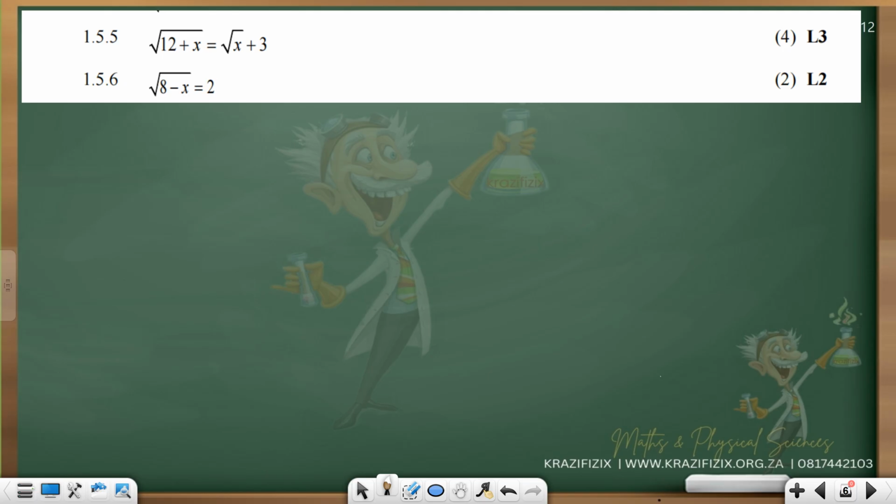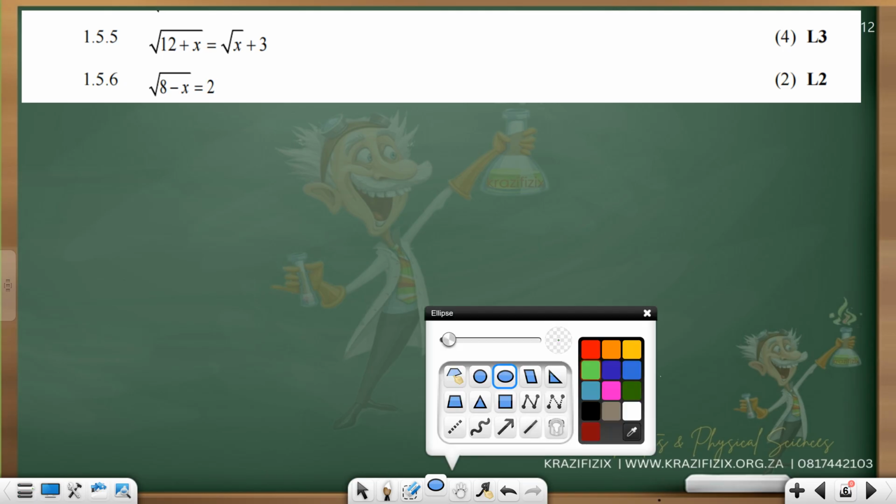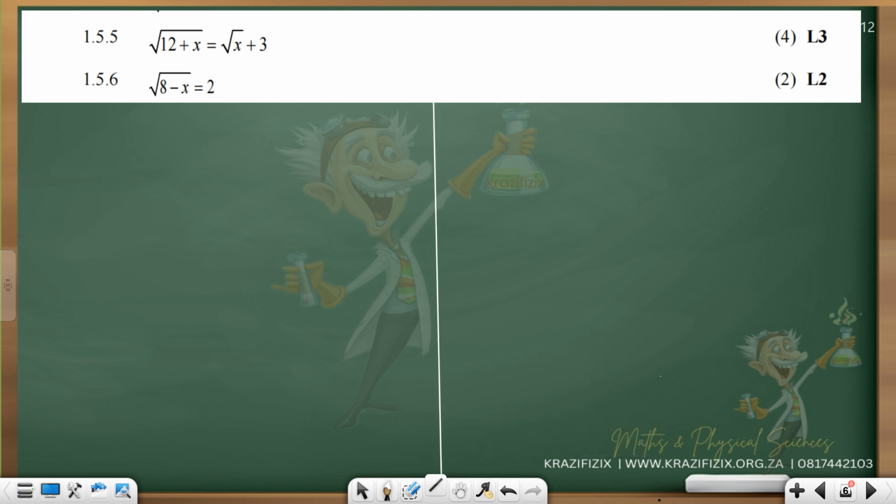Okay, guys, can we mark this quickly? Let's mark this together. You would notice that we have two sets of roots here, and in a way it has been isolated.